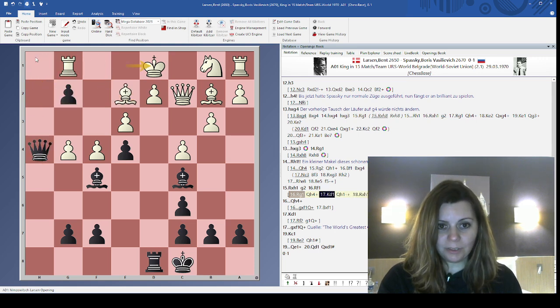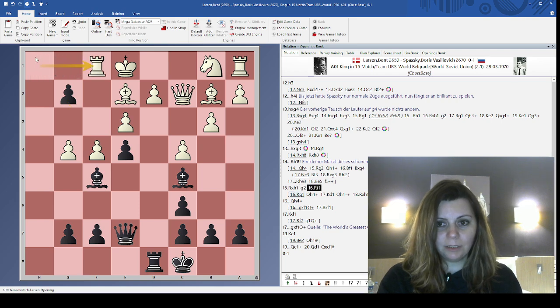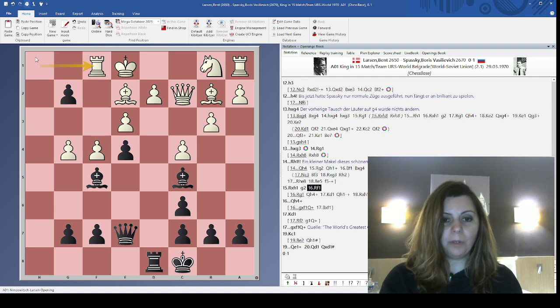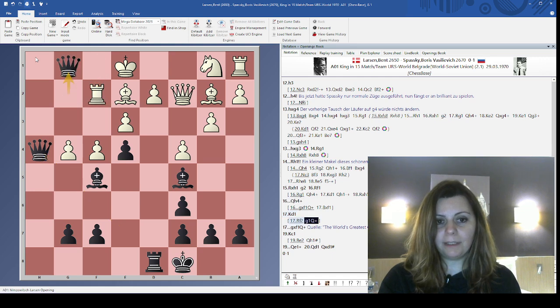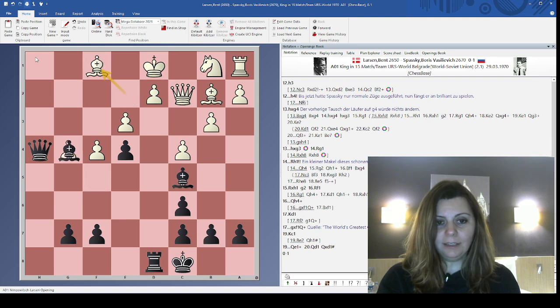So the game was some desperate attempt, rook f1 instead of rook g1, hoping that if Black captures, White is still a piece up and may survive, but here comes this check. And of course we cannot play anything like this, so the king has to go. And now take, and here just take, bishop g4 check.